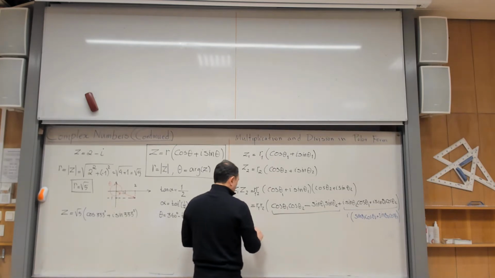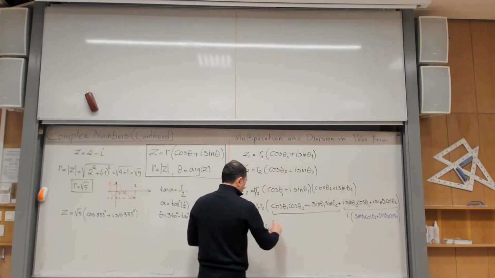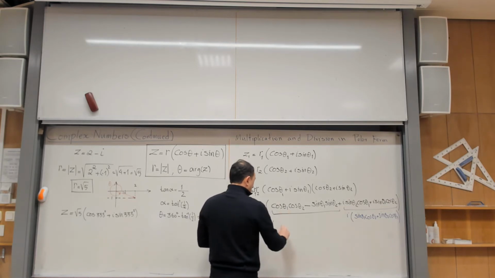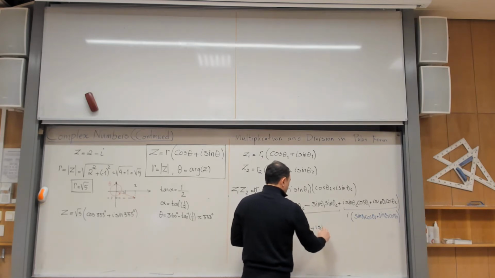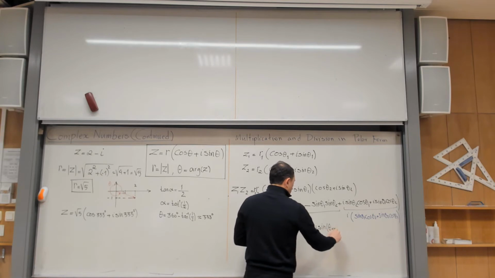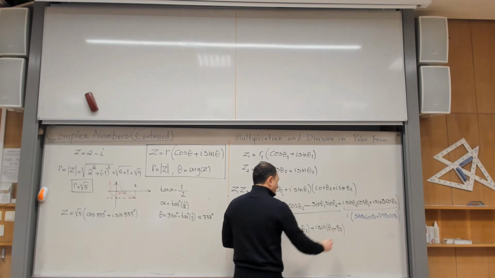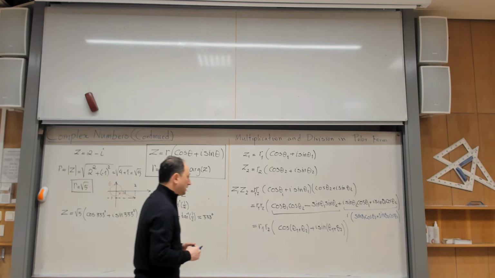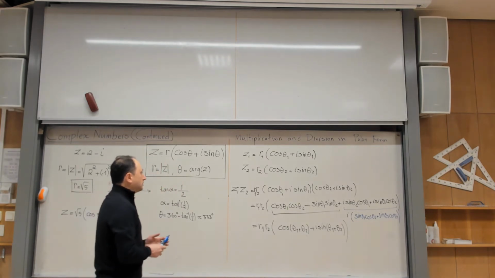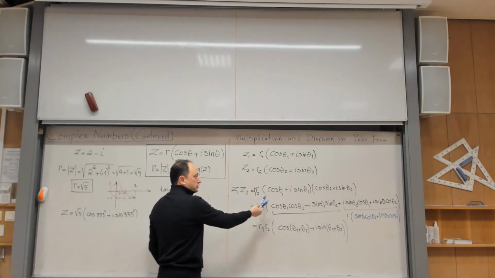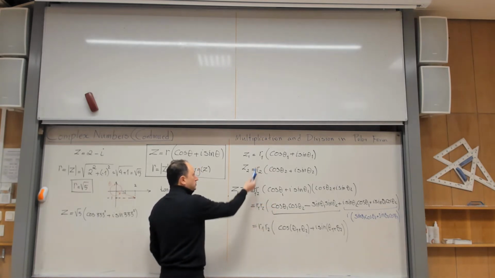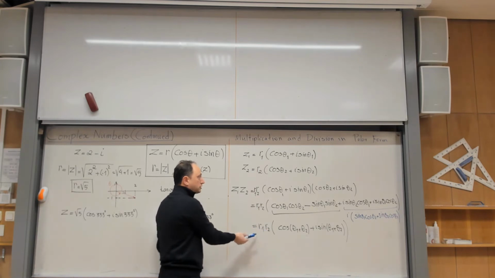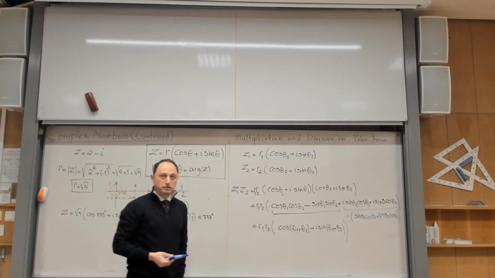So it becomes what? r1 r2, and then this becomes cosine of theta 1 plus theta 2, and then plus i sine of theta 1 plus theta 2. So that's a nice result. If you multiply two complex numbers, you see I did it the normal way, but the result is interesting. What you need to do is just multiply the absolute values, but add the arguments.